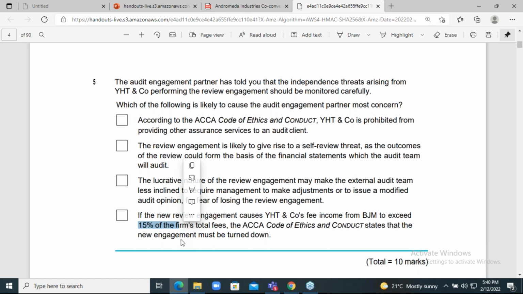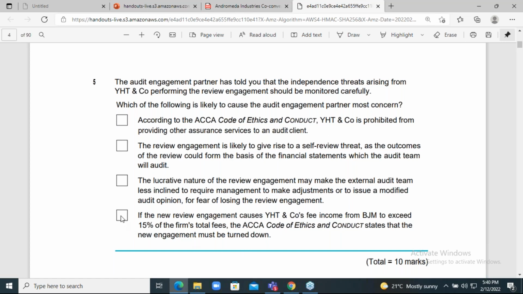It means when the fees we get from a client are 15% of total revenue, then we are over dependent on that client. This threshold is not related to the review engagement issue.